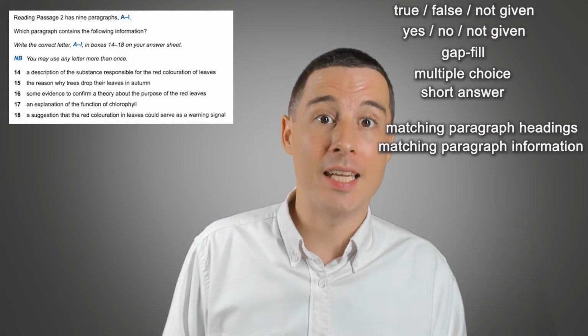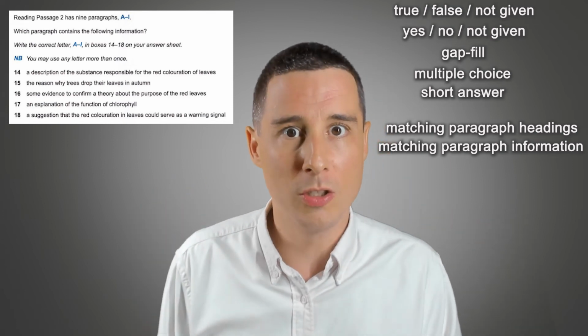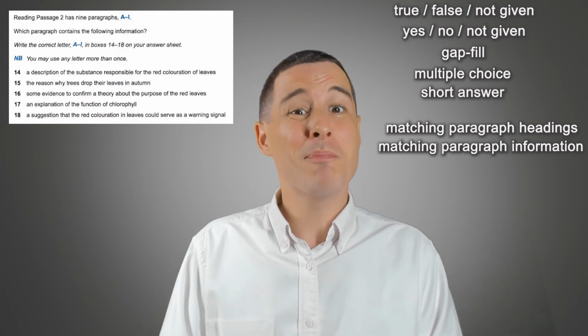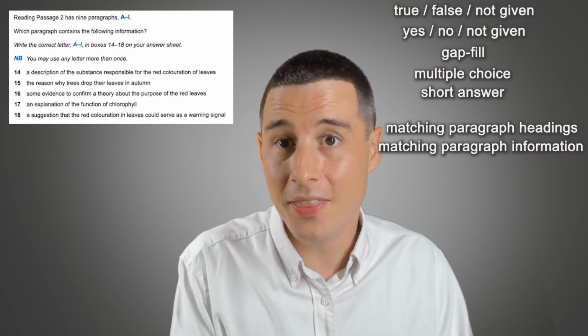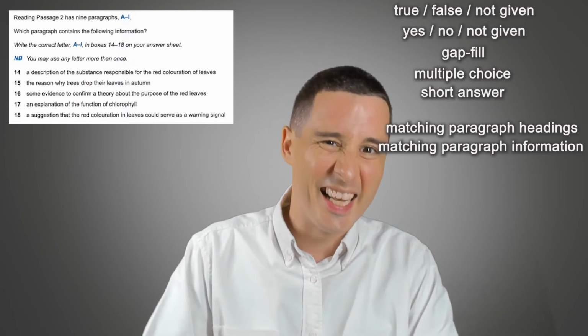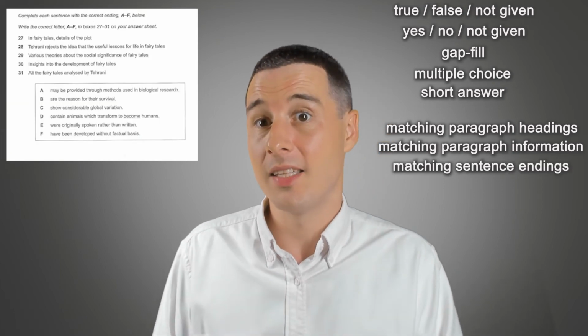Again, this can be challenging because you've got so much to look at. And that's another matching one. You'll notice that all these other types that we're looking at here are matching information, headings, things like this. Now, the next one is matching sentence endings.